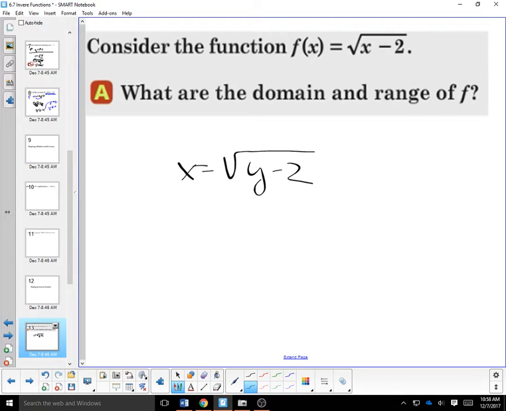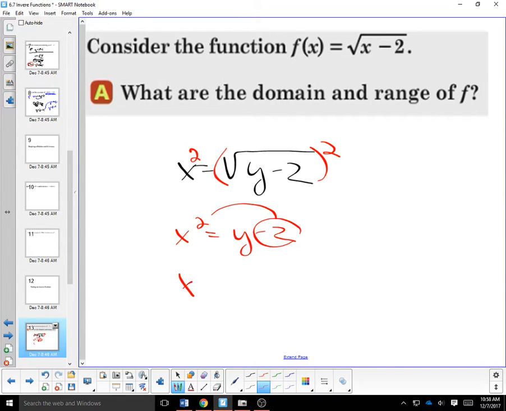So there's our inverse. Let's fix this. I have to square both sides. x squared is equal to y minus 2.